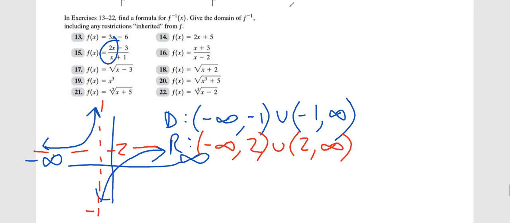Now we need to find a formula. So we switch x and y. X equals 2y minus 3 over y plus 1. Now what?